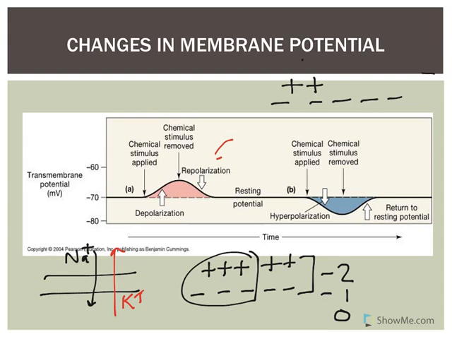If I erase that, instead of -2, what do I have? -3. If I erase another one, I have -4. So I'm becoming more negative. I'm getting further from up in this area, and that's the area where I need to reach this magic term called threshold, which will be important in action potentials.